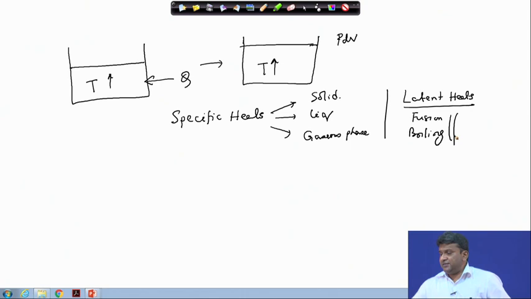So, at this point it is important to highlight to your students that these calculations you have been doing for a long time from your high school days, but the thing is that all the Cp values and lambda values were provided to you.